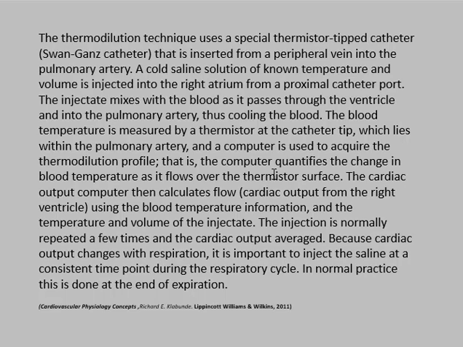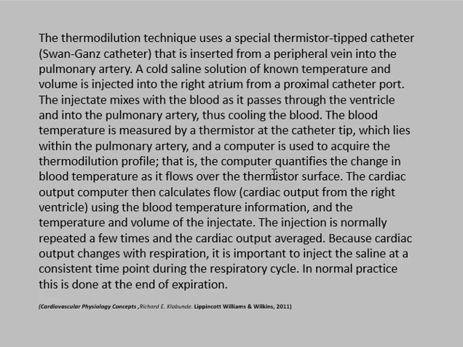The injectate mixes with the blood as it passes through the ventricle and into the pulmonary artery, thus cooling the blood, if only slightly. The blood temperature is measured by a thermistor at the catheter tip that lies within the pulmonary artery, and a computer is used to acquire the thermodilution profile, meaning that temperature time curve.